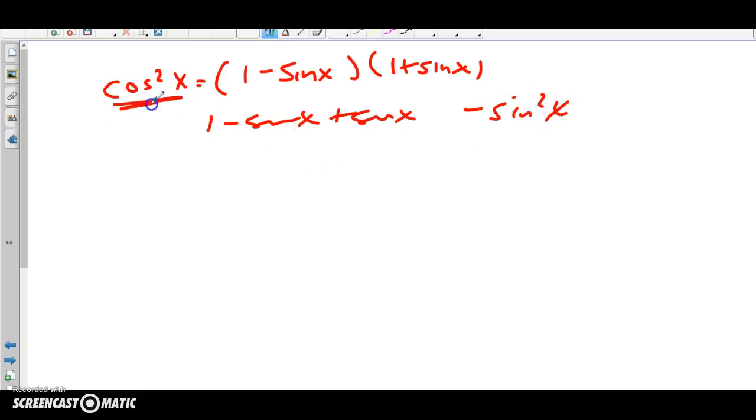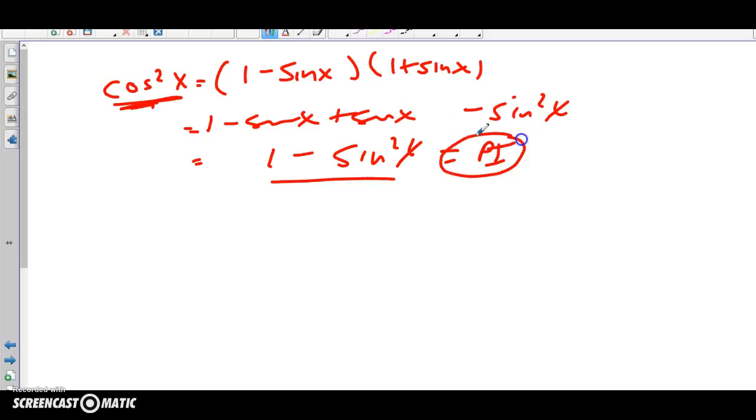So I look at this and I want cos squared theta here, and this kind of works out nicely. That's minus sine x plus sine x, so that turns into 0, and I'm left with 1 minus sine squared x. Pythagorean identity will tell me that that's cos squared x, and that's what I wanted.